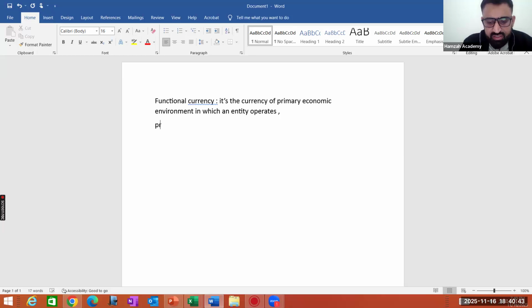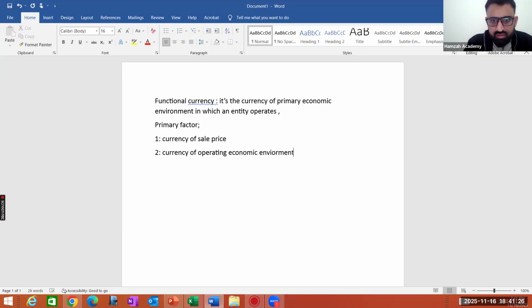The first primary factor to determine the functional currency is the currency of sale price, and the second primary factor is the currency of operating expenses, the currency in which a significant portion of operating expenses is being paid.